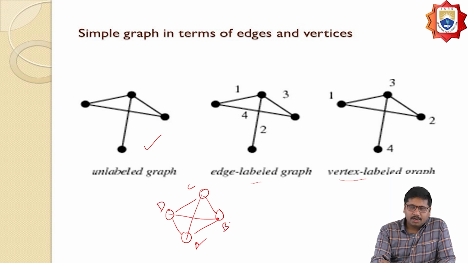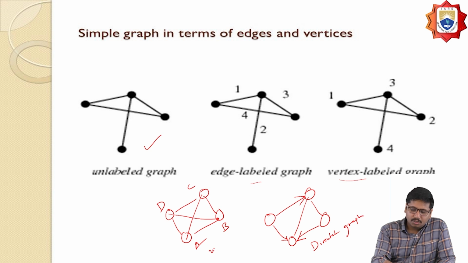So this is one undirected graph, and whenever I represent edges with directions, it is called a directed graph, and this one is called an undirected graph.